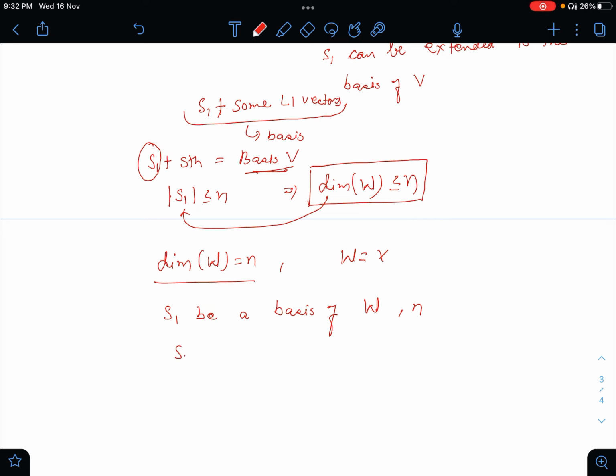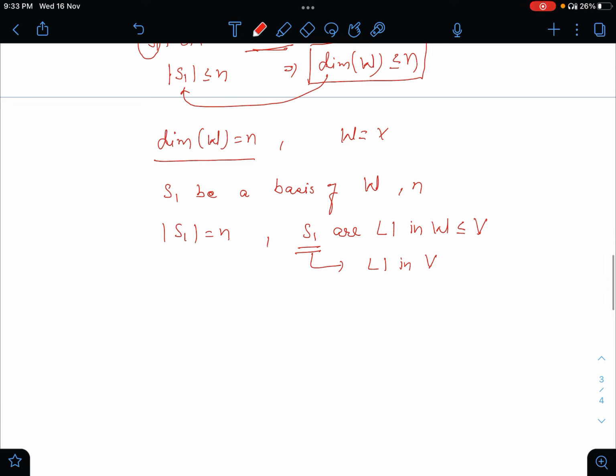That means S1 will have n elements, and the elements of S1 are linearly independent in W, and W is a subspace of V. That means the elements of S1 are linearly independent in V also.